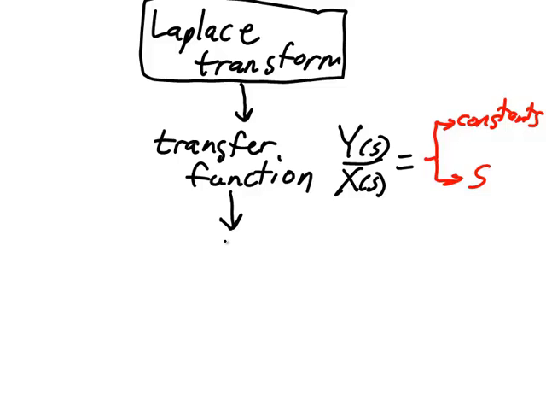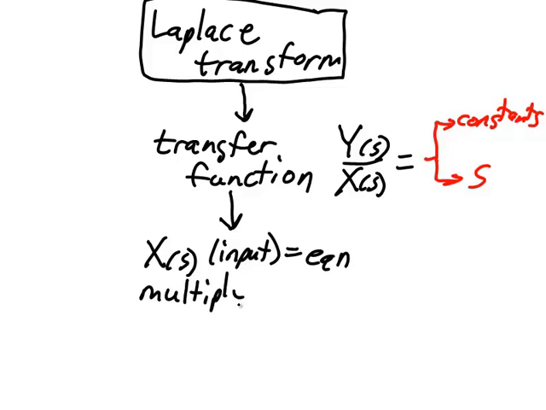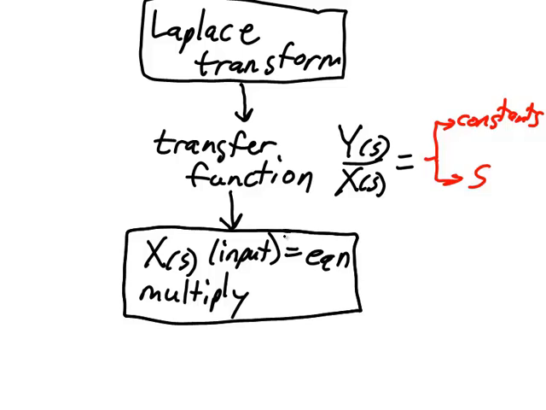Remember that our goal is to find what the output signal will look like over time given some input signal. So the next step that we do with this transfer function is we set a value or an equation for X(s), the input, some equation, and we multiply the transfer function by that input.